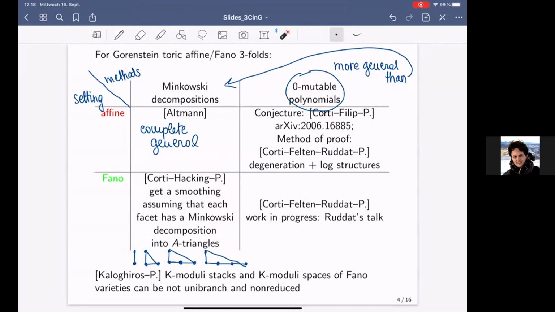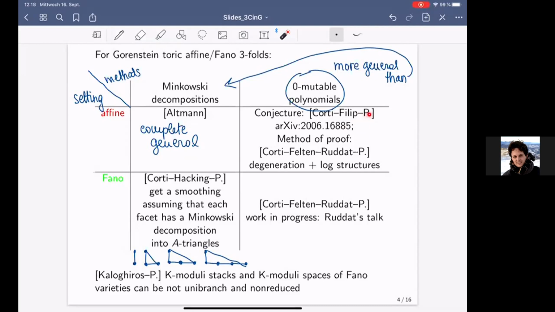dimension. And so basically, together with Alessio Corti and Matej Filip, we started developing a conjectural picture for the deformations of a toric affine Gorenstein threefold, without assuming that the singularity, for instance, is isolated, or assuming also that you don't have any Minkowski decomposition.